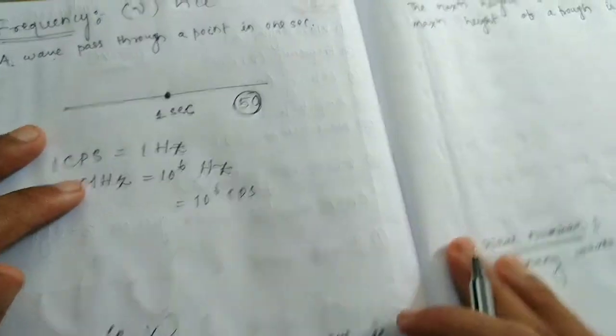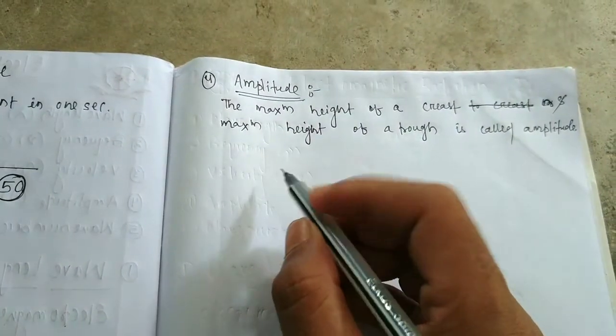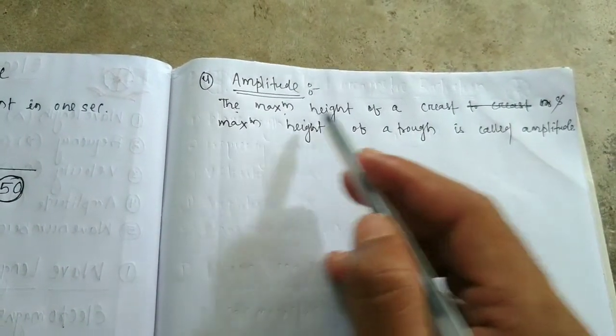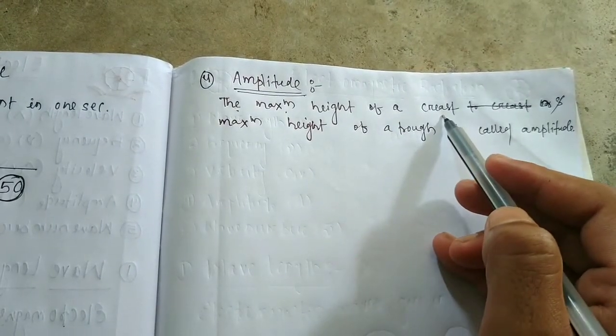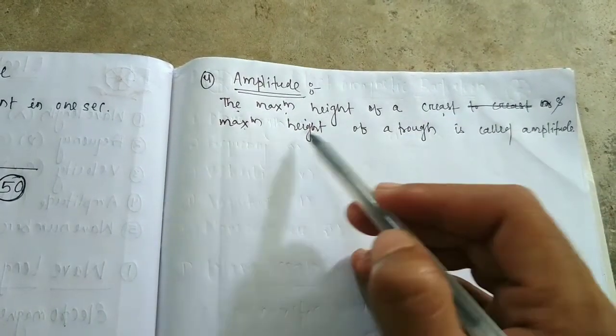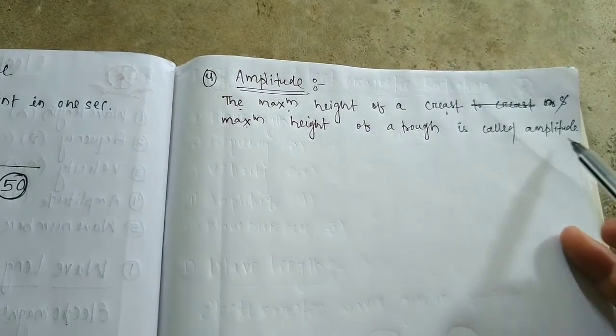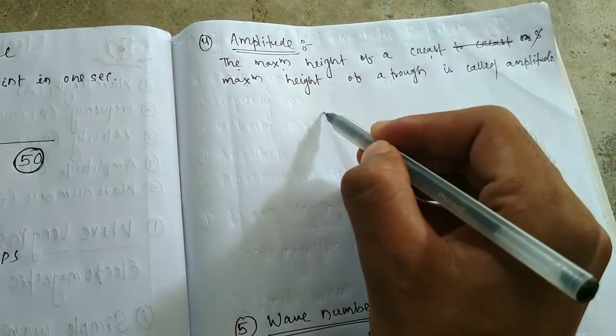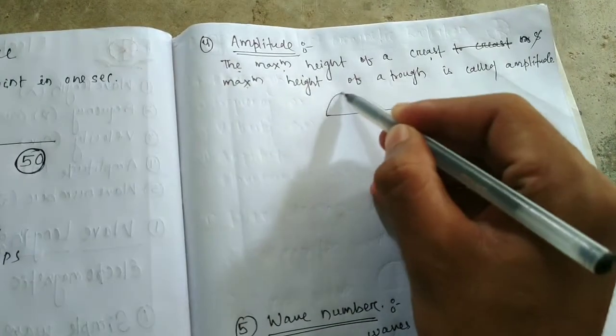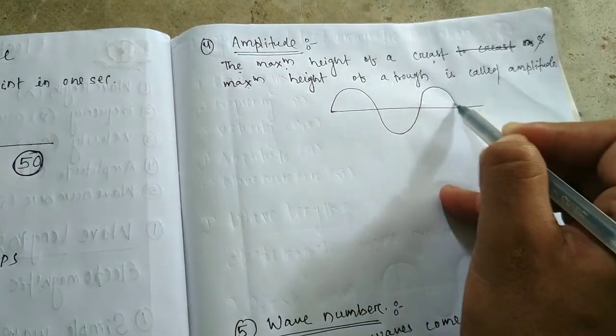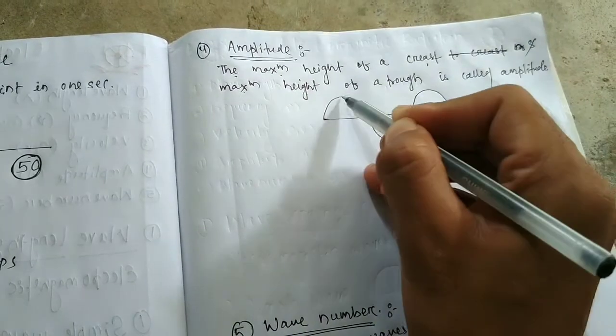And students, coming to amplitude. What is amplitude? The maximum height of a crest and the maximum height of a trough is called amplitude. When it is a simple wave, the height of this wave is also normal.